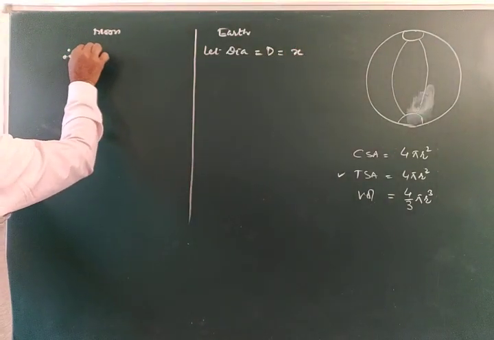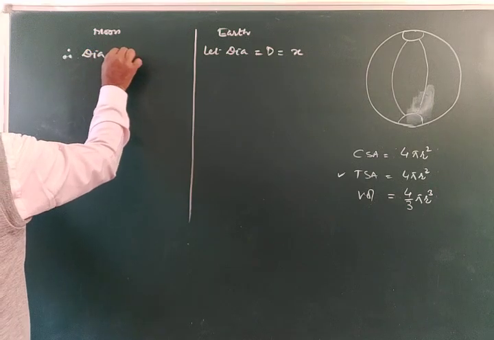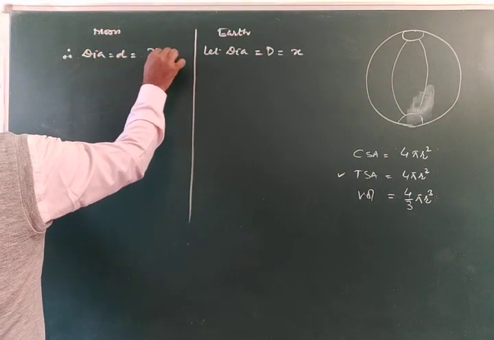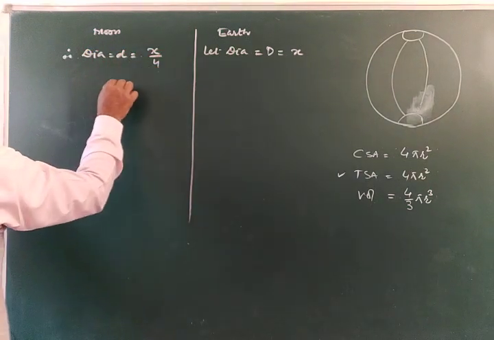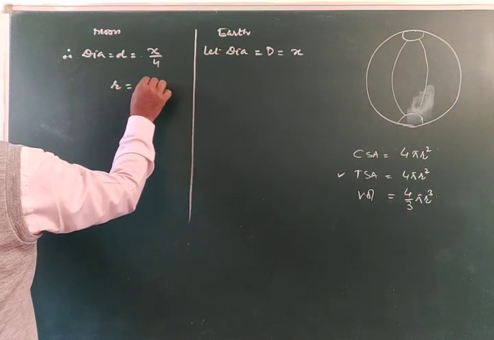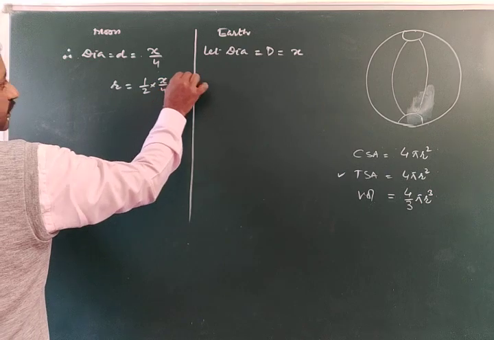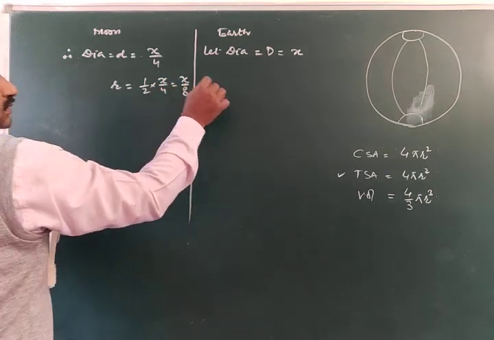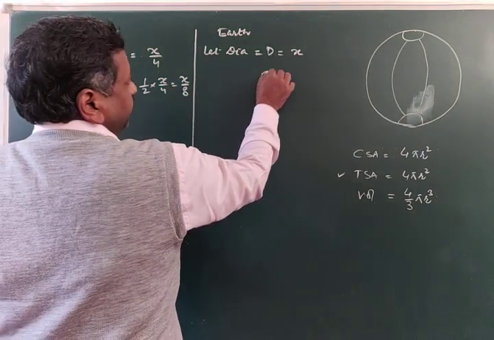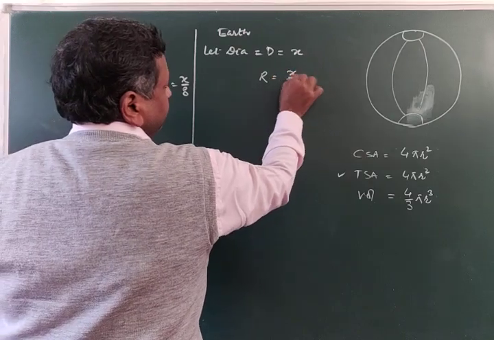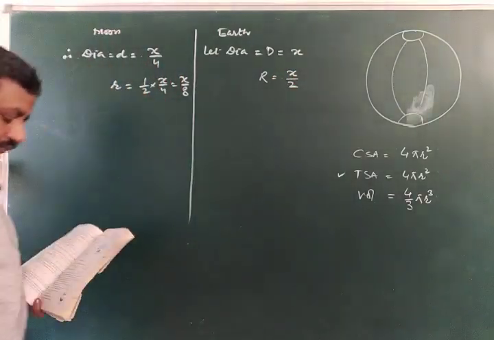Therefore, diameter of moon is equal to x upon 4. Radius equals half of x by 4, that will be x by 8, and here the radius of earth will be x by 2.